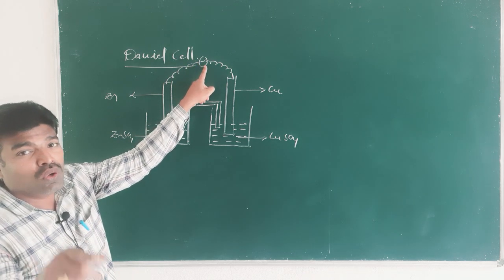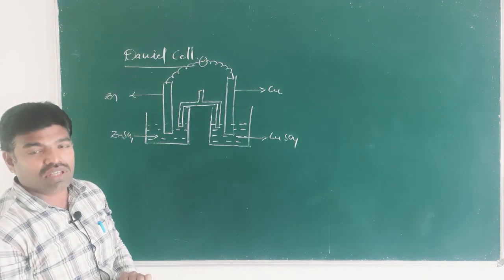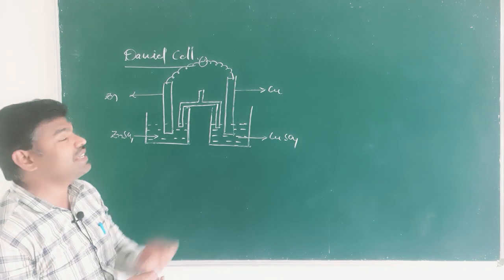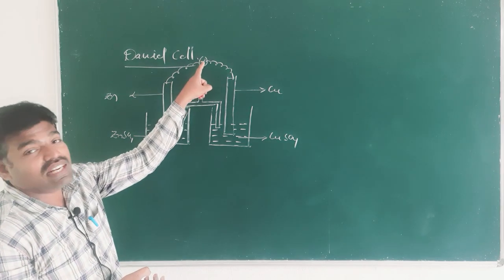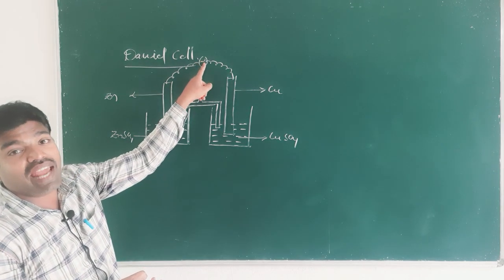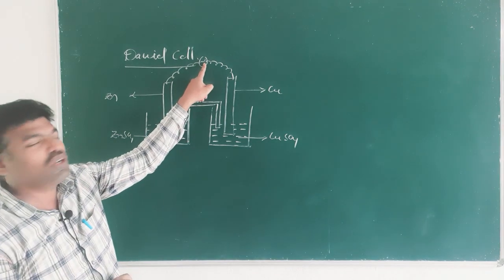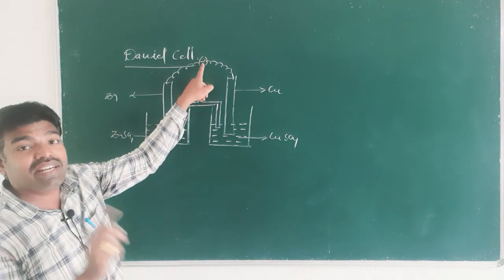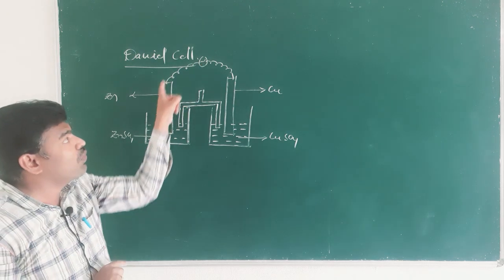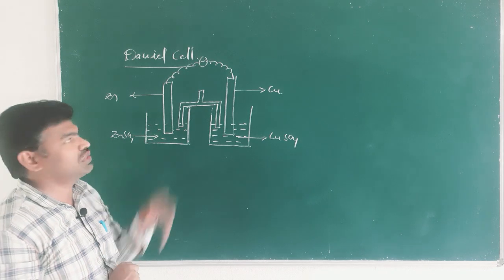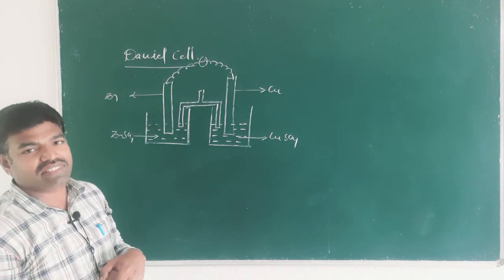How can we know there is a flow of current? We know that an ammeter is a device which measures current, so deflection in the ammeter indicates a flow of current through the cell.